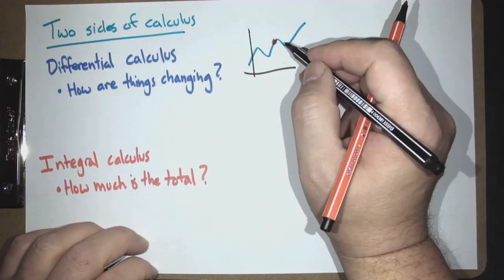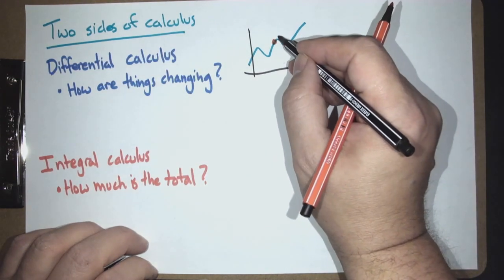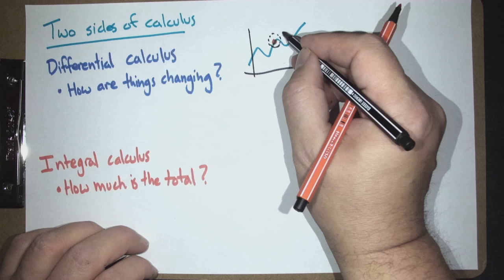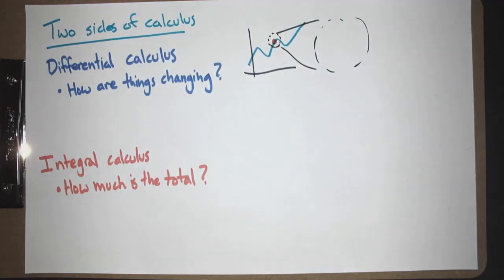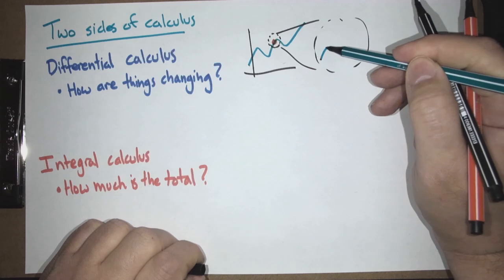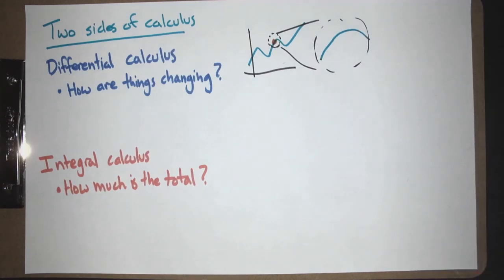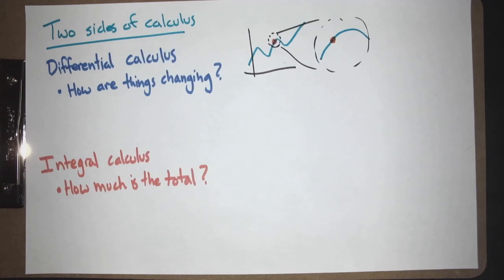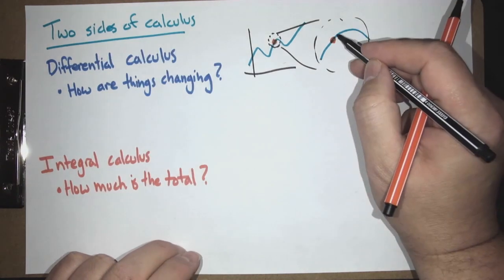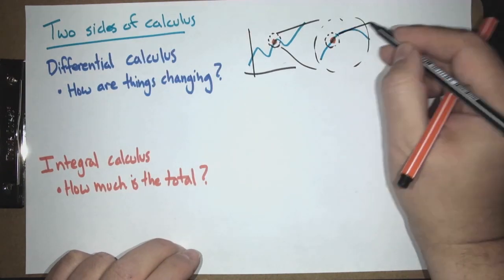What's our philosophy? Derivative, which came from zoom in, and what happens? It looks a little bit less wiggly. But how do we make it even less wiggly? Zoom in.